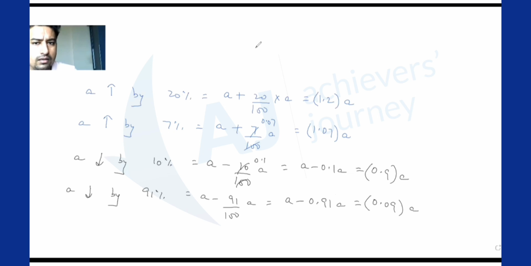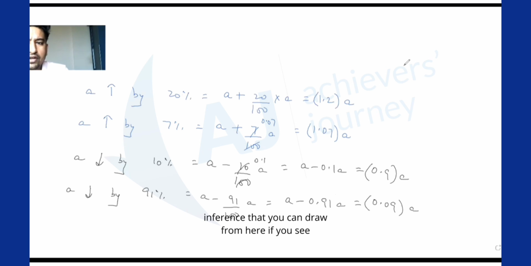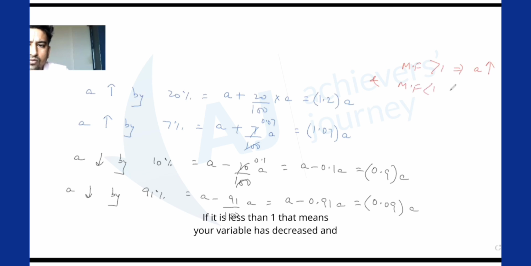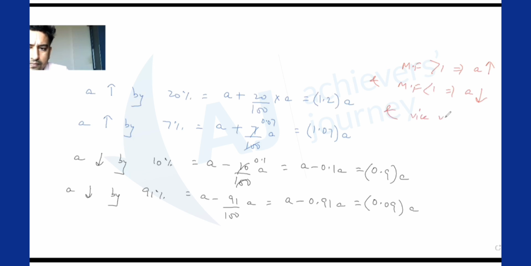Now there's one inference that you can draw from here. If you see the multiplying factor, if it is greater than 1, that means your variable has increased. And if the multiplying factor is less than 1, that means your variable has decreased, and vice versa, right?